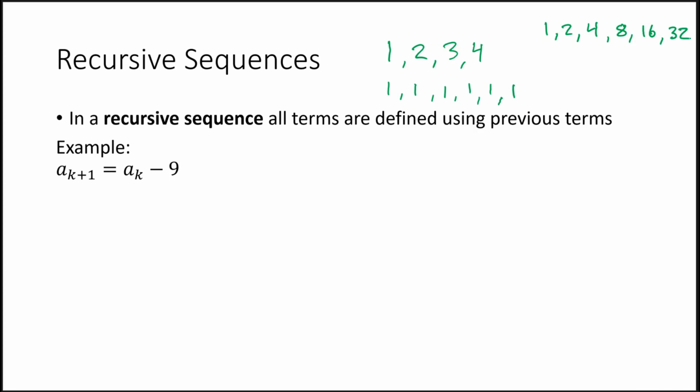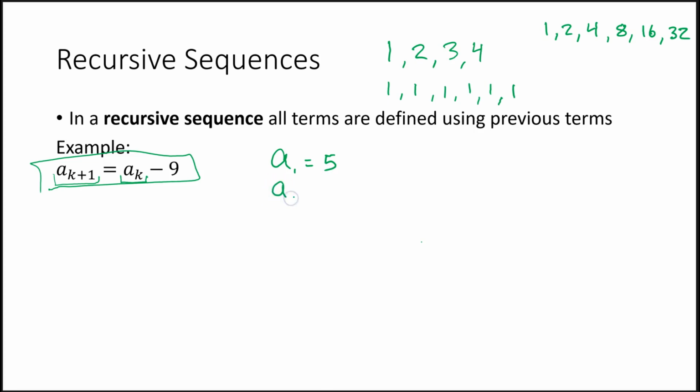So recursive sequences are defined using previous terms. And this is how we write it out. We use k's instead of n's, and if I want the next term, k plus 1, I'm going to use the current term k and minus 9. That's what that would say. For these you actually have to give the first term. So let's say my first term is 5. Why not?